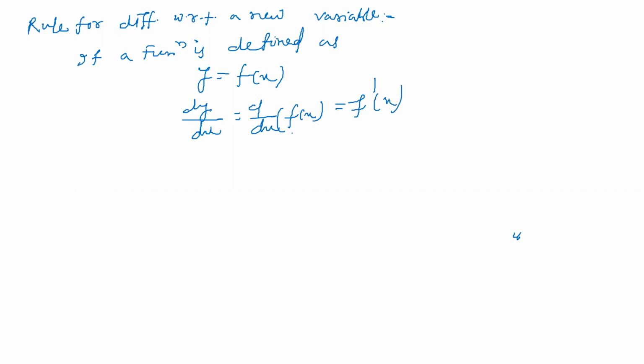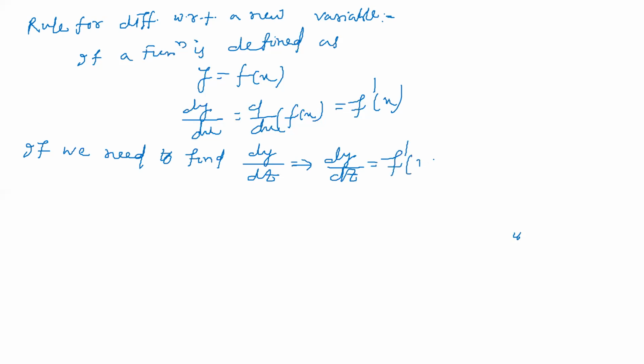Yes or no? But students, if we need to find dy by dz, then how much will that be? That is equal to f dash x, differentiated with respect to x, and you write f dash x into dx by dz.